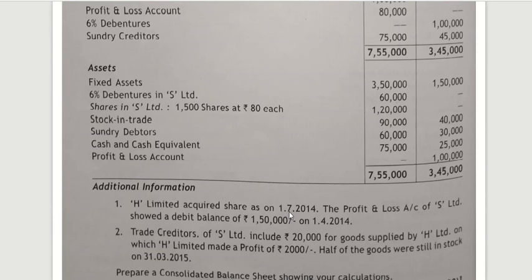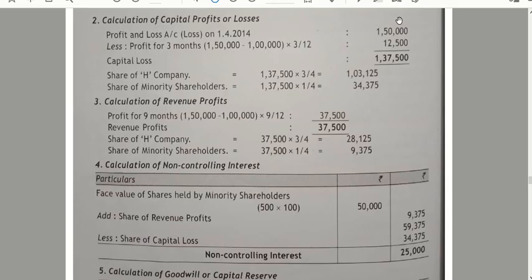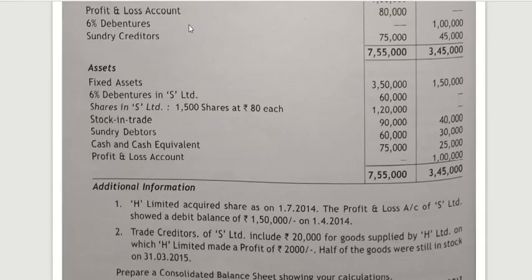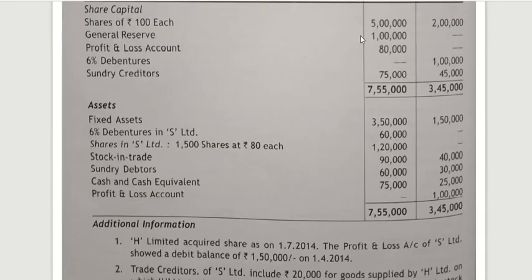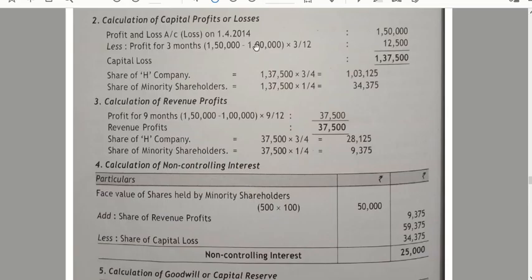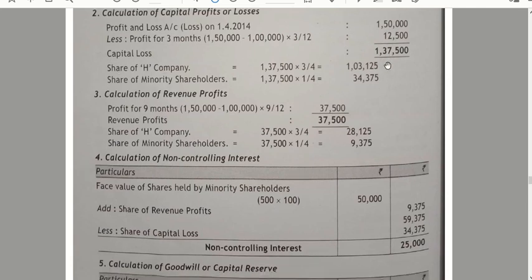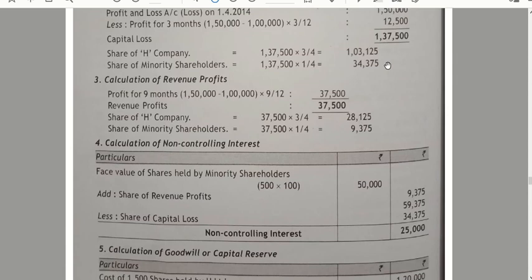So April, May, June, just 3 months. So profit and loss 1,50,000 minus 1 lakh into 3/12, which is 12,500. So your capital loss is 1,37,500. It is a loss, it is not a profit.